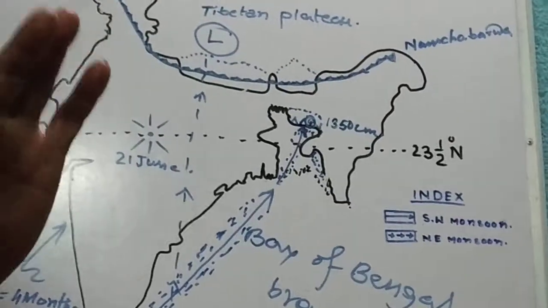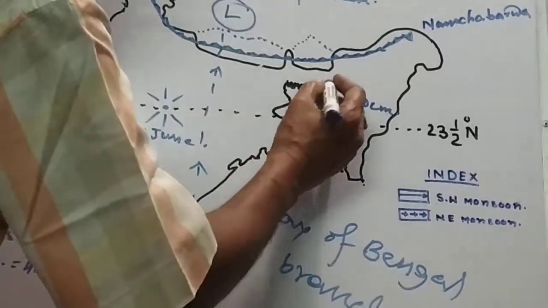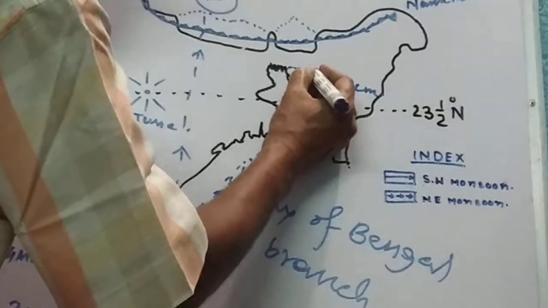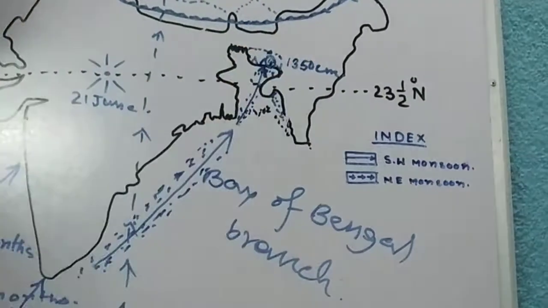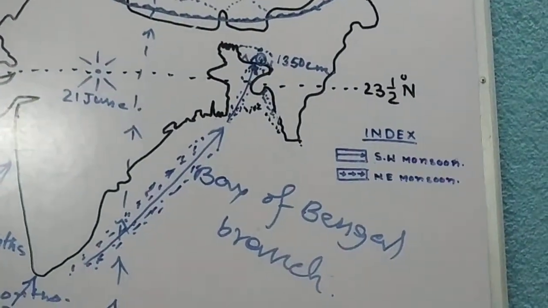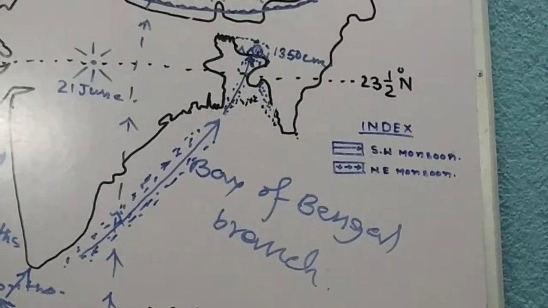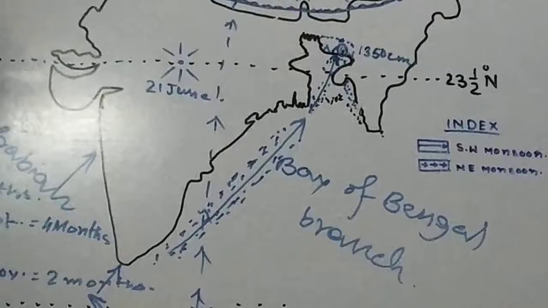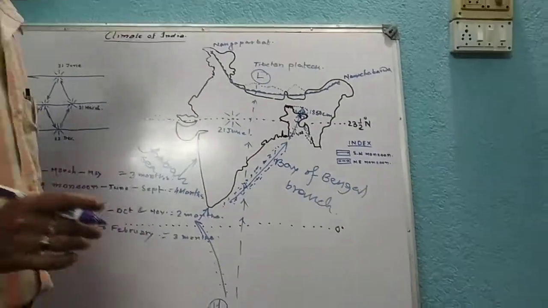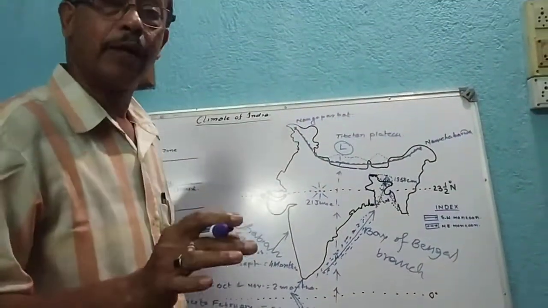It is to be mentioned that the northern part of Meghalaya, Shillong, receives scanty rainfall compared to the southern part. Why? Because it is situated in the rain shadow area.